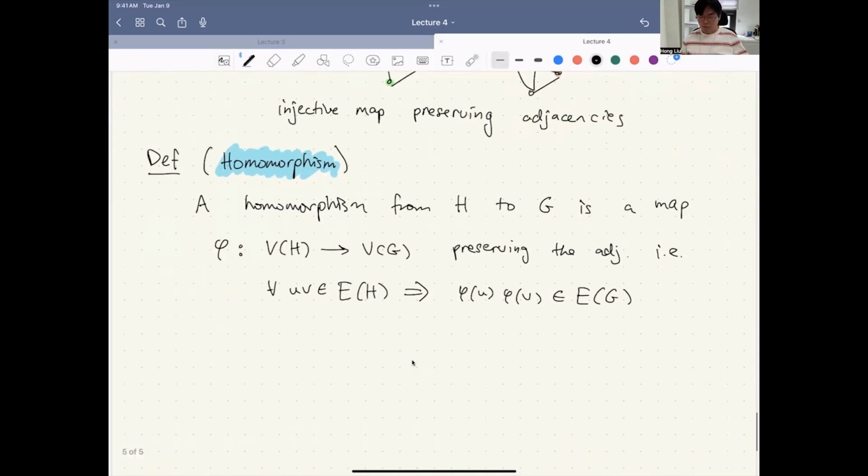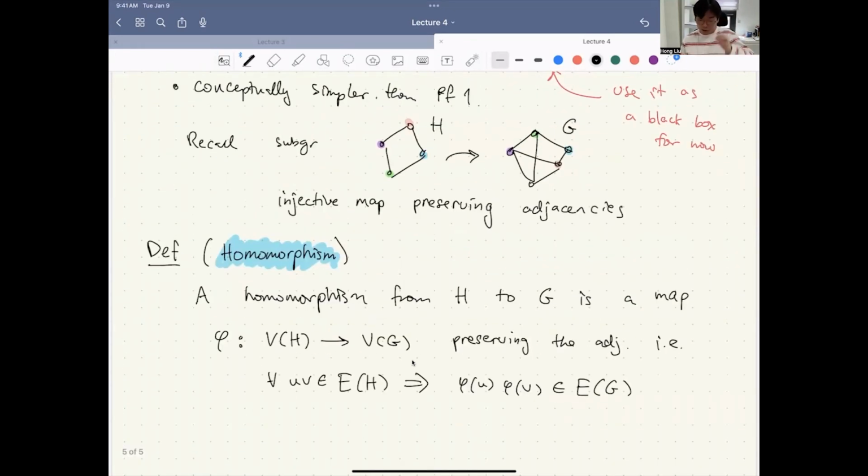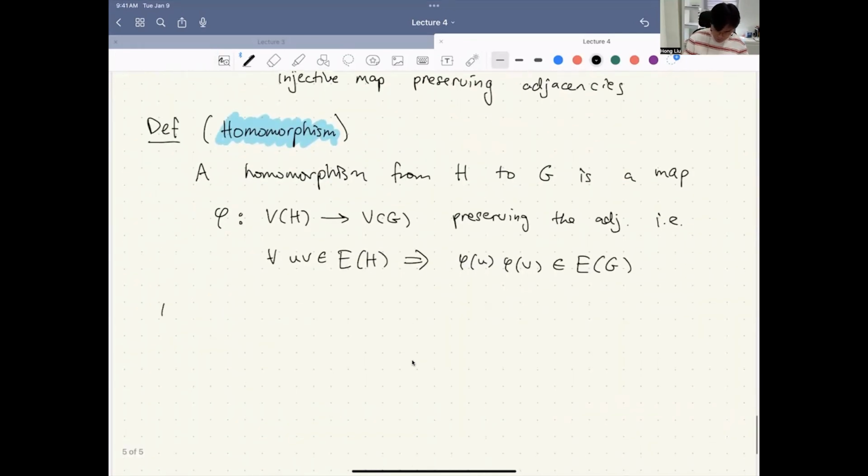Okay. Now let me give you an example. A very classical, simple one, is 5 cycle to triangle.